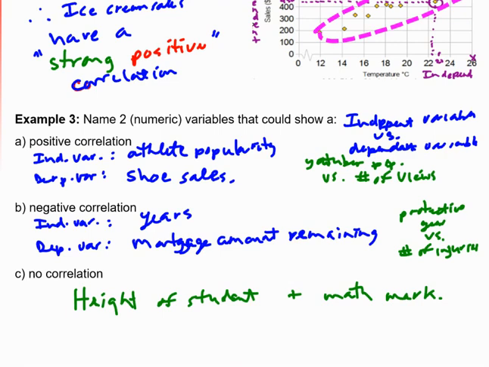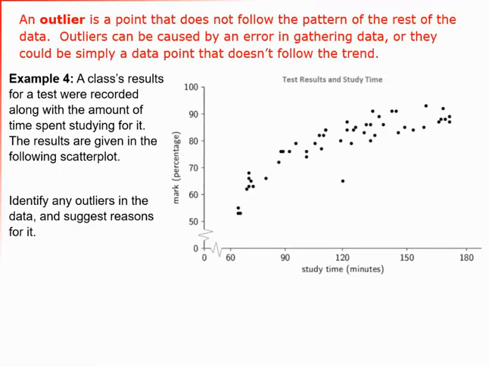Here we go on to example 4 now. Sometimes we have information that just doesn't quite fit the rest of the data, and we call this an outlier. An outlier is a point that does not follow the pattern of the rest of the data. Outliers can be caused by an error in gathering data, or they could simply be a data point that does not follow a trend.